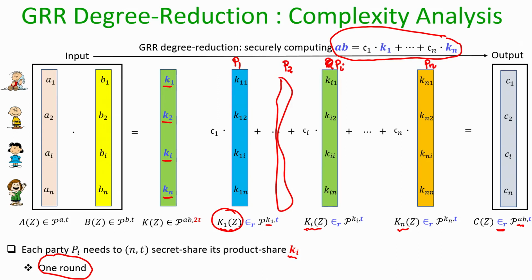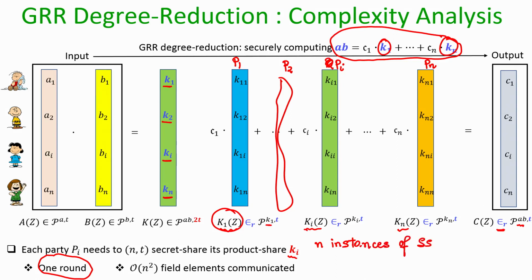So, that is why in terms of number of rounds, this requires only one communication round, and there are n instances of secret sharing involved, because there are n inputs of this function, each of which has to be secret shared.